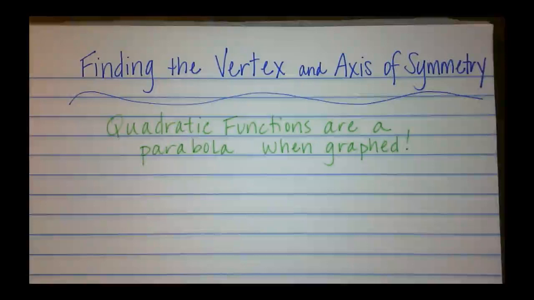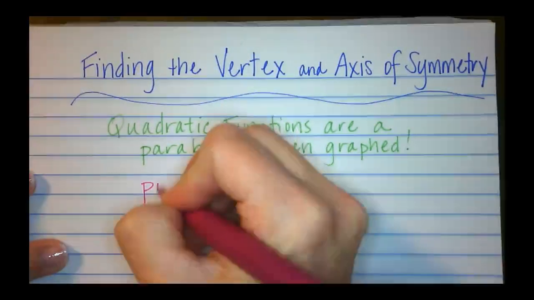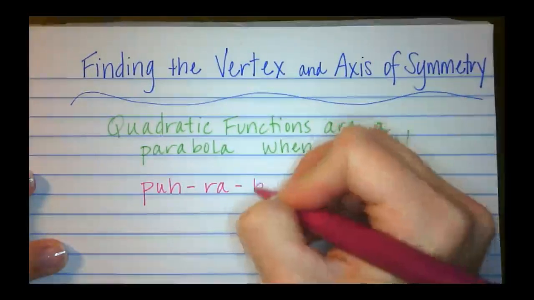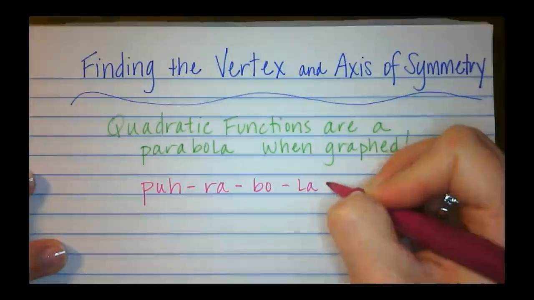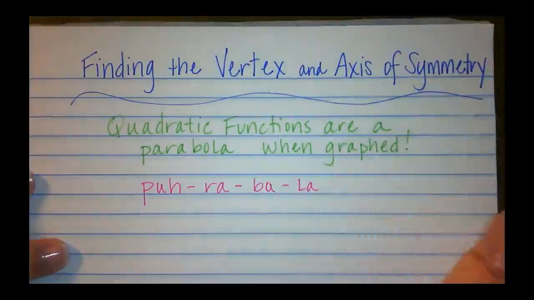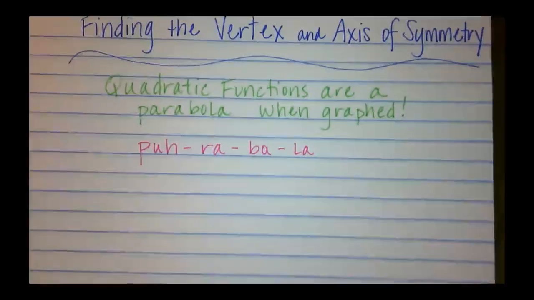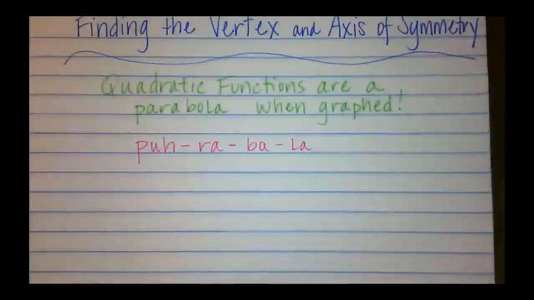So just to make sure you get this, it is parabola. Parabola. Maybe it looks better like that. Parabola. All right? Now, you're probably saying, well, that's fantastic, but what in the world is a parabola?